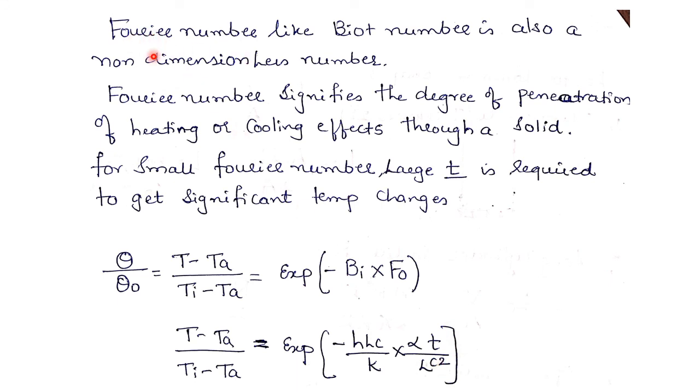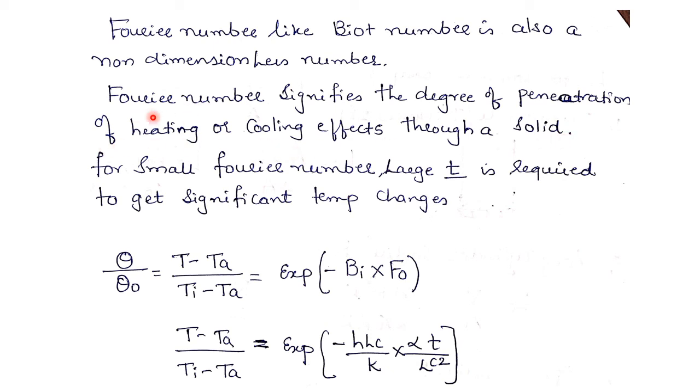This Fourier number, like Biot number, is also a dimensionless number. Sometimes it is called dimensionless time. Fourier number signifies the degree of penetration of heating or cooling effects through a solid.